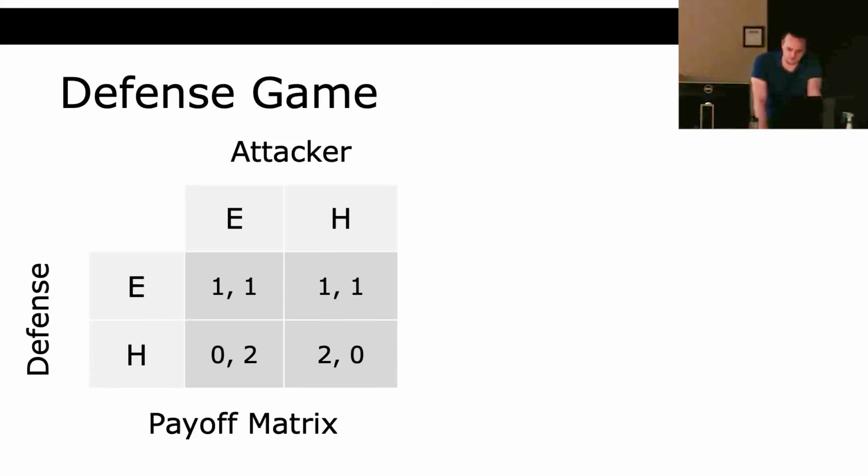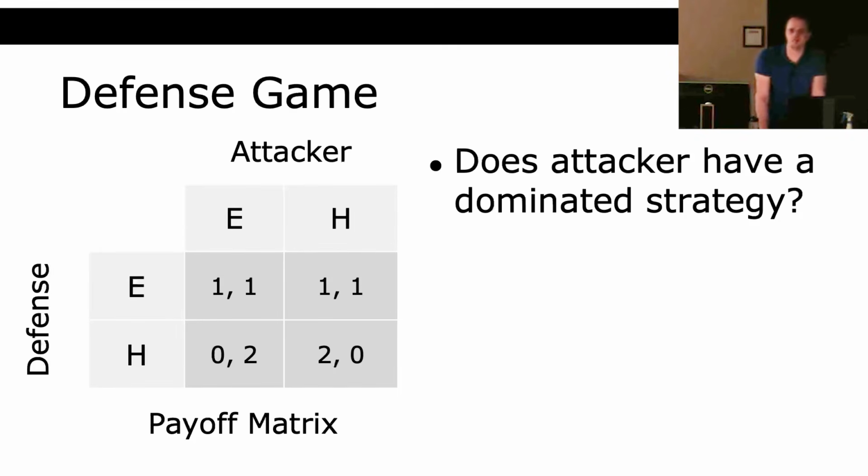But let's listen to Sun Tzu. Does the attacker have a dominated strategy, right? So, okay, let's go over here. If defense chooses easy, if the attacker chooses easy, they score a 1 because they get 2 armies to the city, but then the defenders kill one of them. So one of them reaches the city. If the attacker chooses easy and we choose hard, we still get a 1.